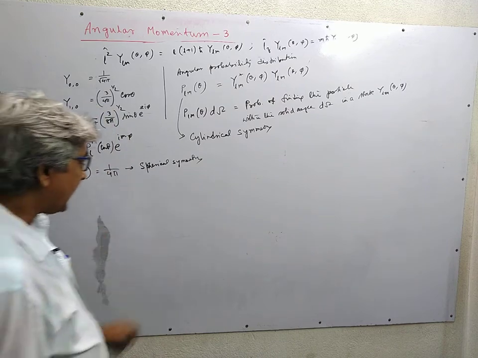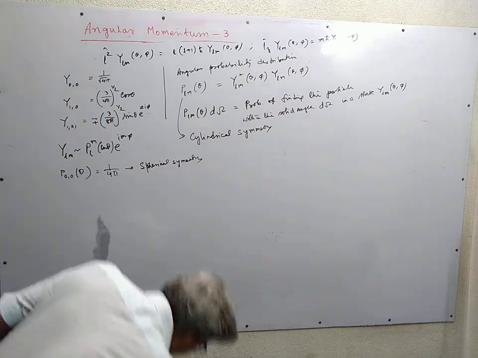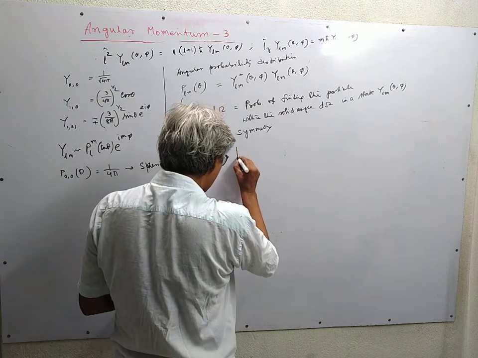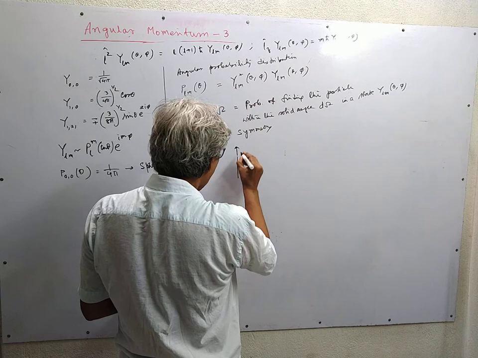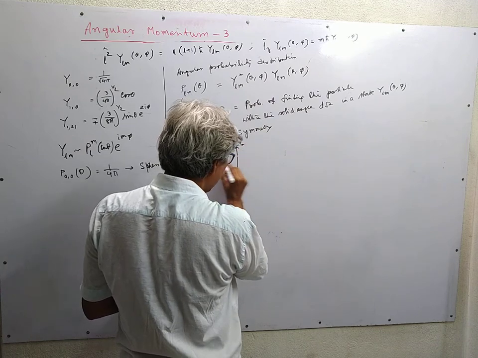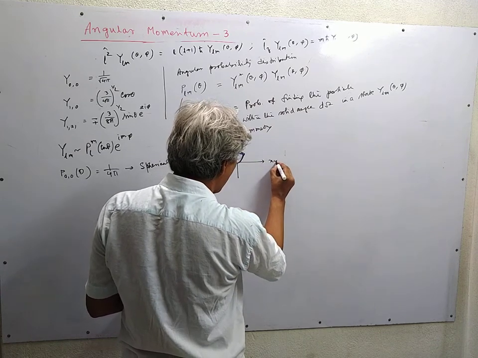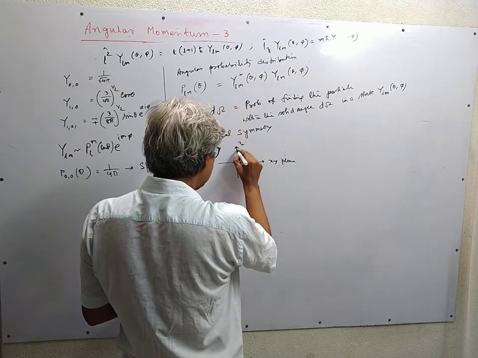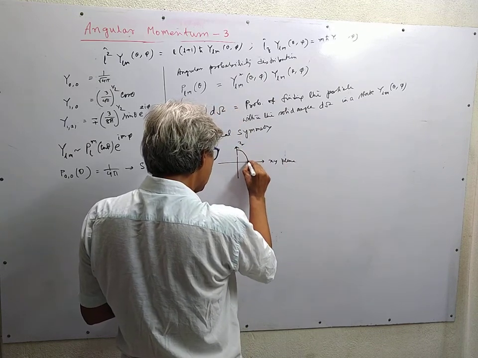If we like to plot the polar graph of it, this is the z-axis and this is our xy plane, and we see that it is symmetric.